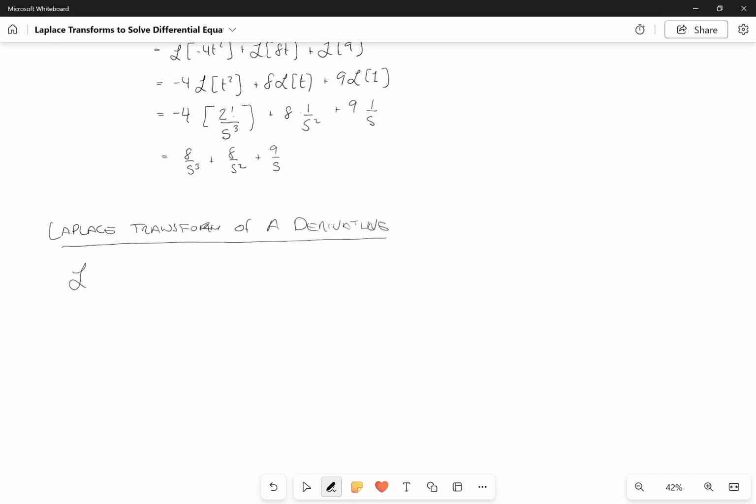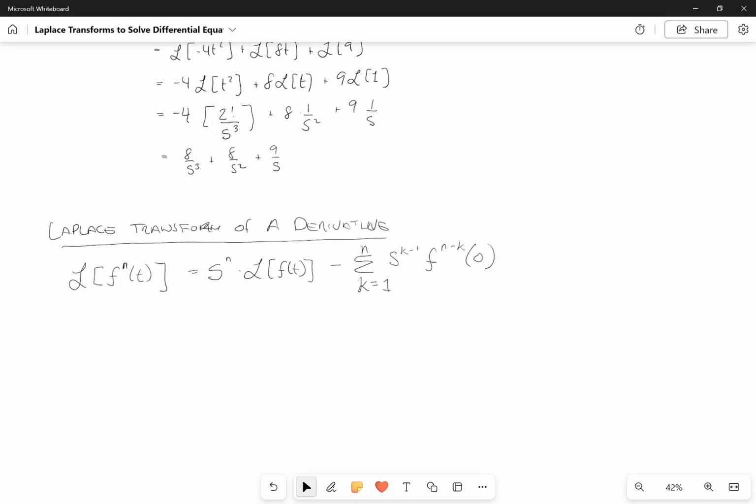So when you say Laplace transform of the nth derivative of a function f of t, so this is f to the n of t, the way it works, we say s to the n, that's an exponent there, times the Laplace transform of f of t, minus this sum here, from 1 to n, of s to the k minus 1, f to the n minus k, all at 0.